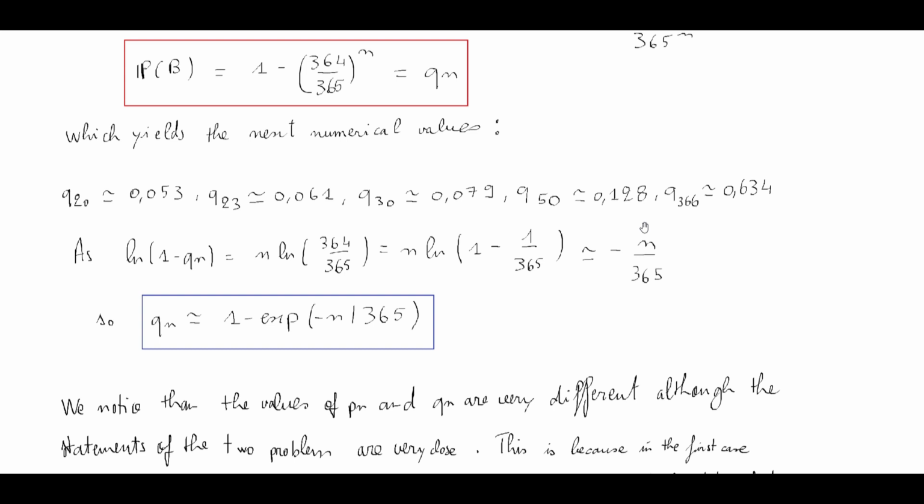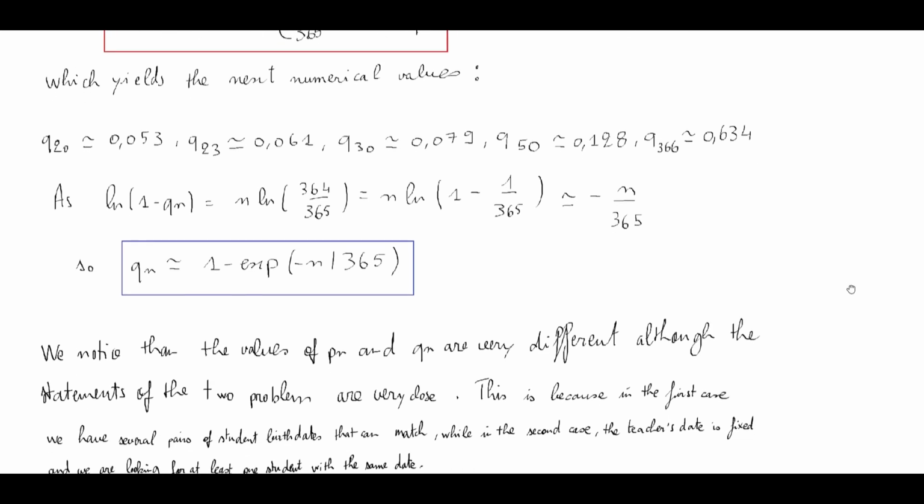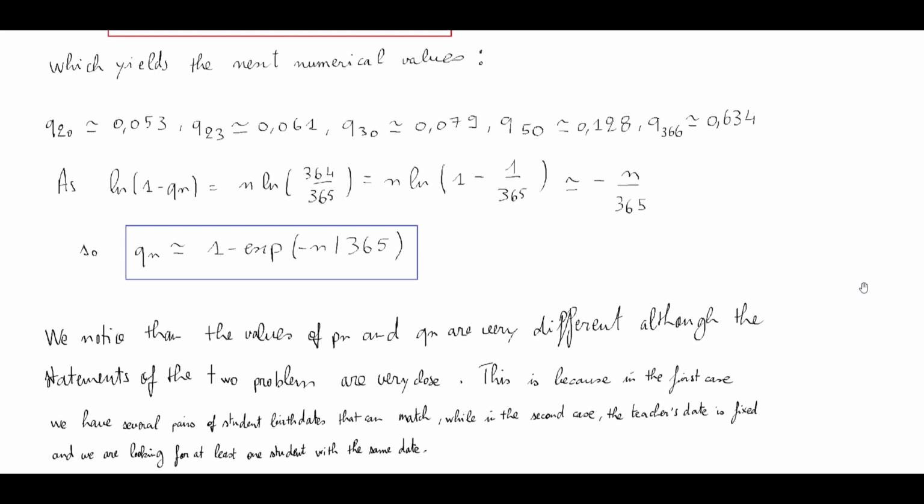0.634, as ln of 1 minus Qn equals n ln of 364 over 365 equals n ln of 1 minus 1 over 365, approximately equal to minus n over 365, so Qn is approximately equal to 1 minus exponential of minus n over 365.